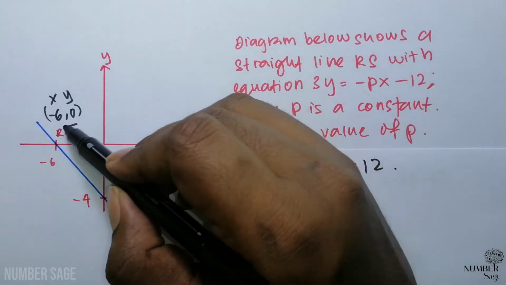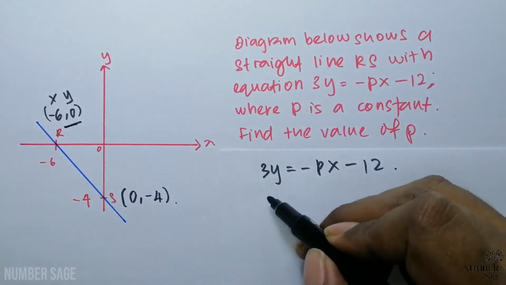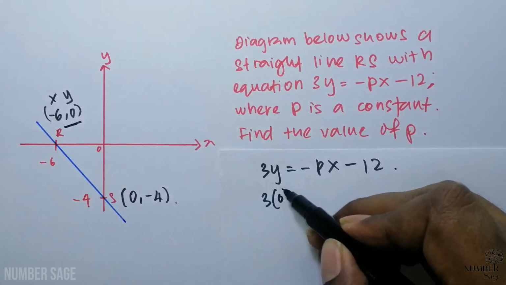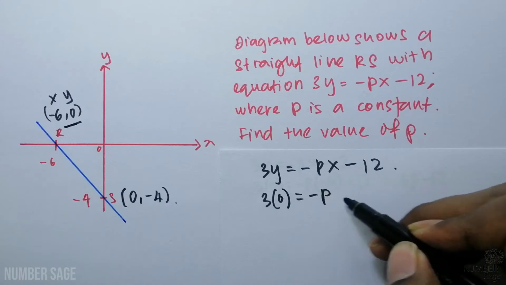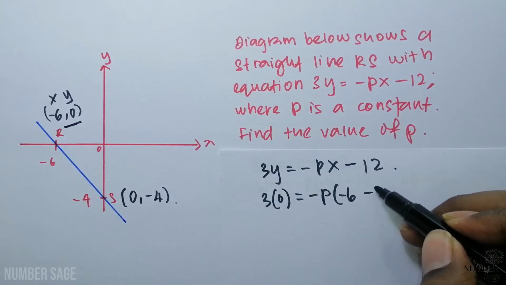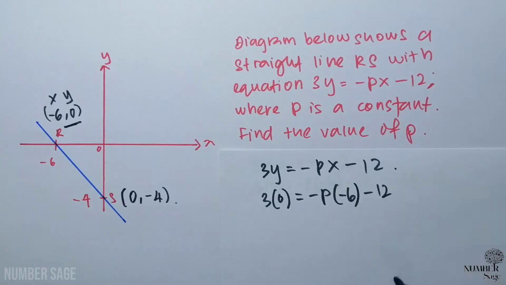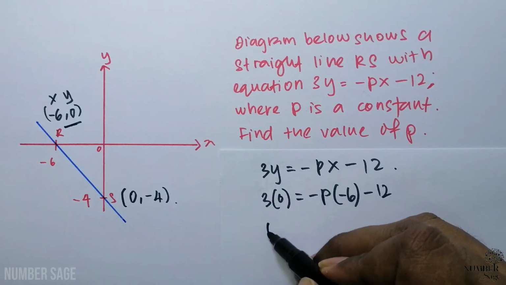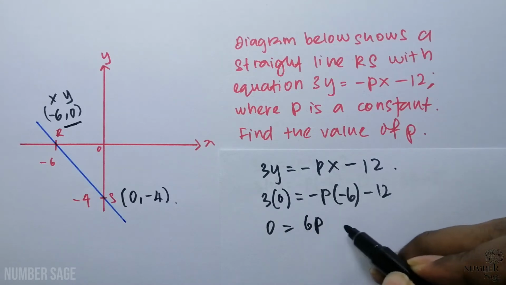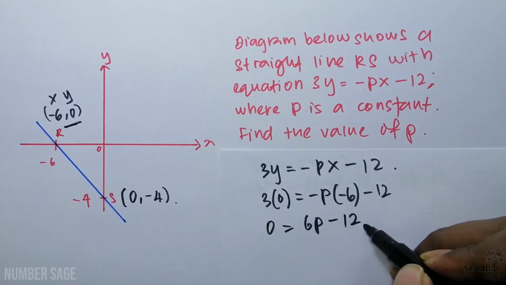Let's say we take this coordinate. This will give us 3 times 0, where y is 0, minus p times negative 6, the x value, minus 12. Further solving will give us 0, negative times negative is positive, so this will give us 6p minus 12.